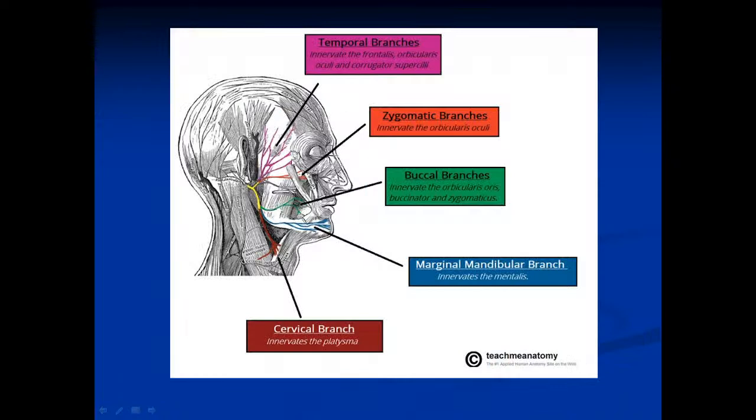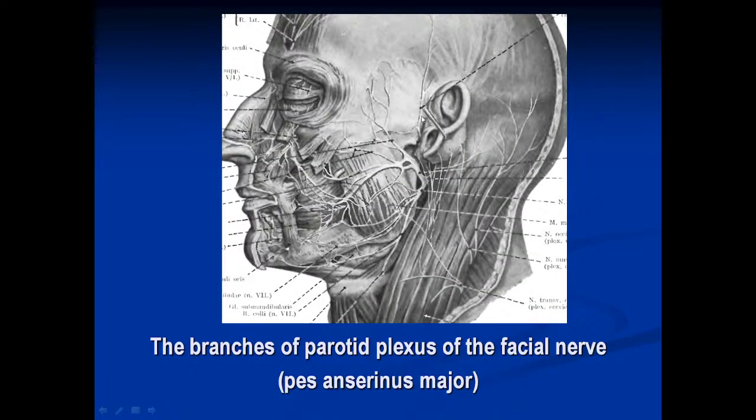Look, these are the motor branches of the facial nerve, which innervate the mimic muscles. You can see the temporal branches, zygomatic branches, buccal, marginal mandibular branch, and cervical branch. And these are the branches of the parotid plexus of the facial nerve.